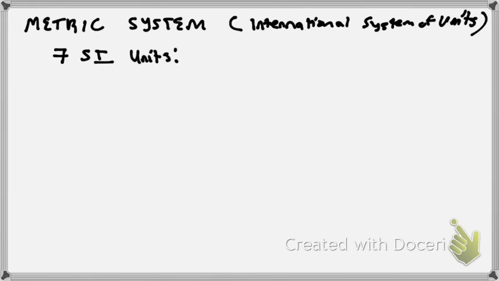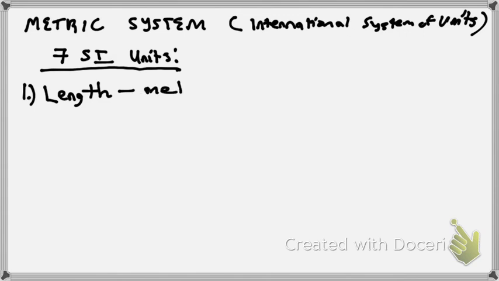These 7 SI units include, 1, length. The way length is measured in the metric system is in meters, m.